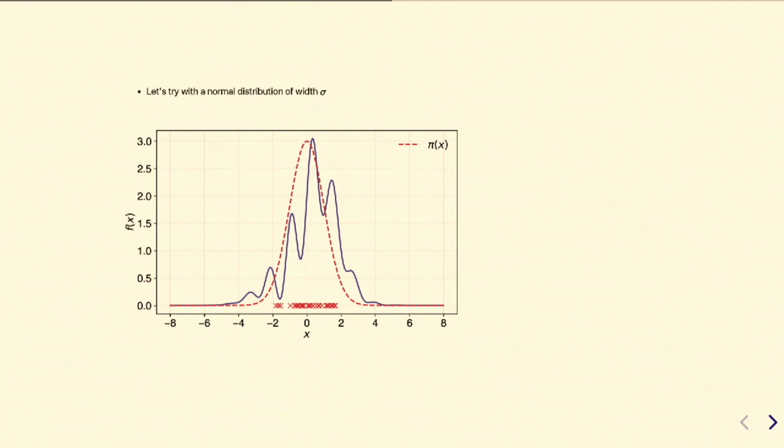So that's an example. This red thing here is a probability distribution that now samples points according to a Gaussian. We'll see later how to do this. It's not entirely trivial. But let's suppose I can do that. Well, you see, in that case, it's in a sense better because now my points are at least centered in places where the function has structure. But are those points all good?